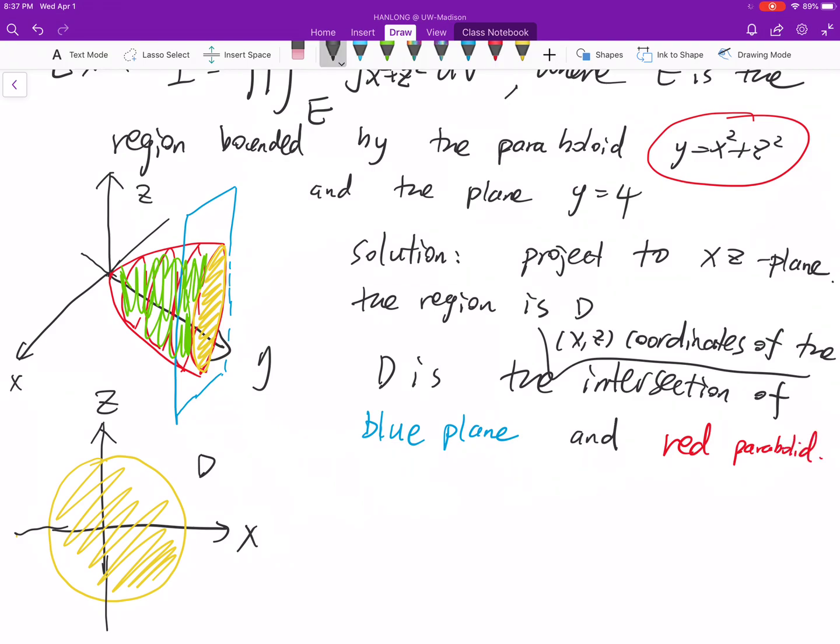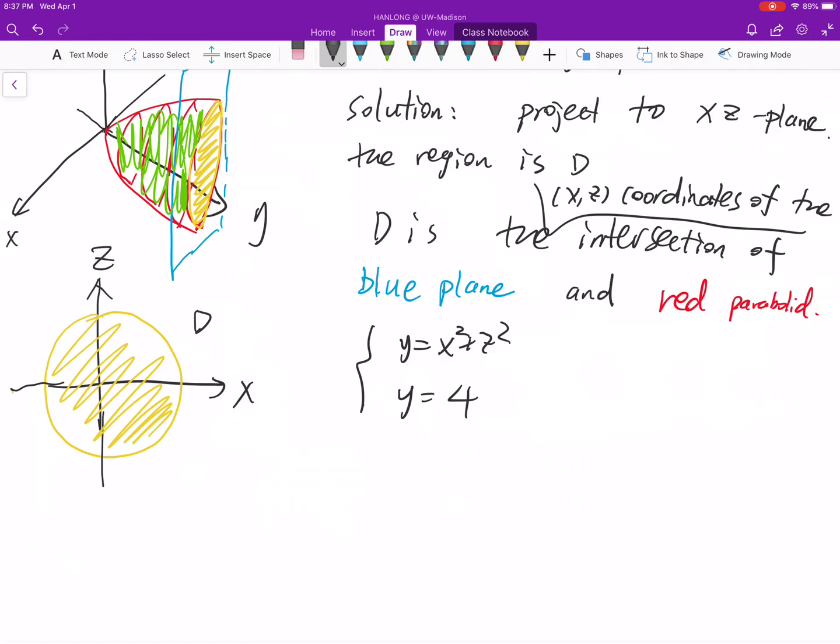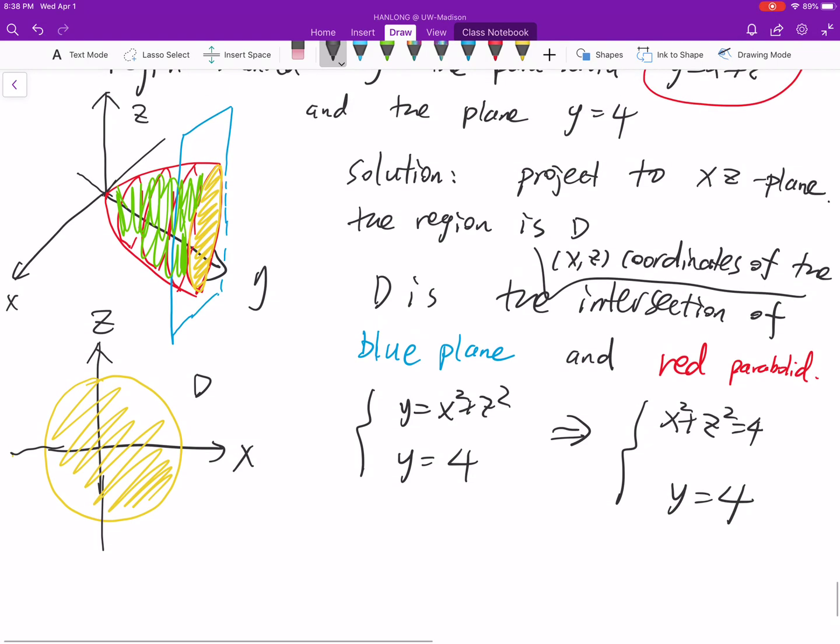Okay, therefore you need to set up this equation, and then you solve it. You will find y is always 4, and then x squared plus z squared is 4. So this will be the constraint.